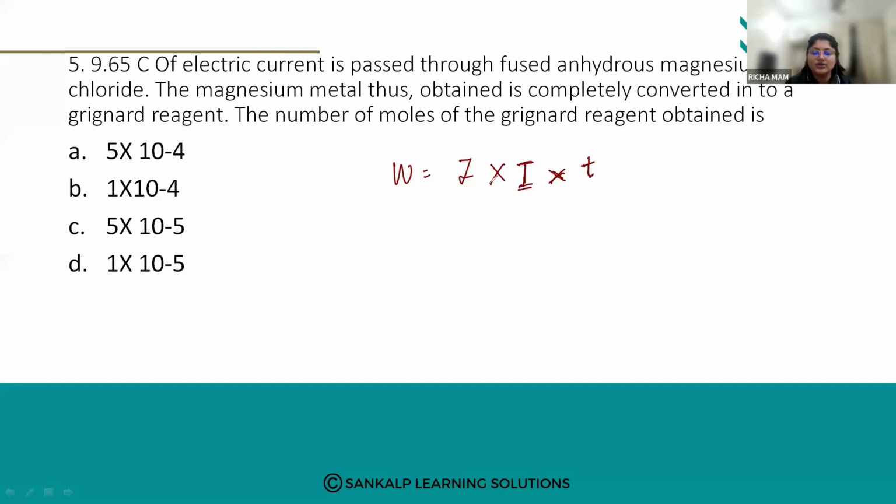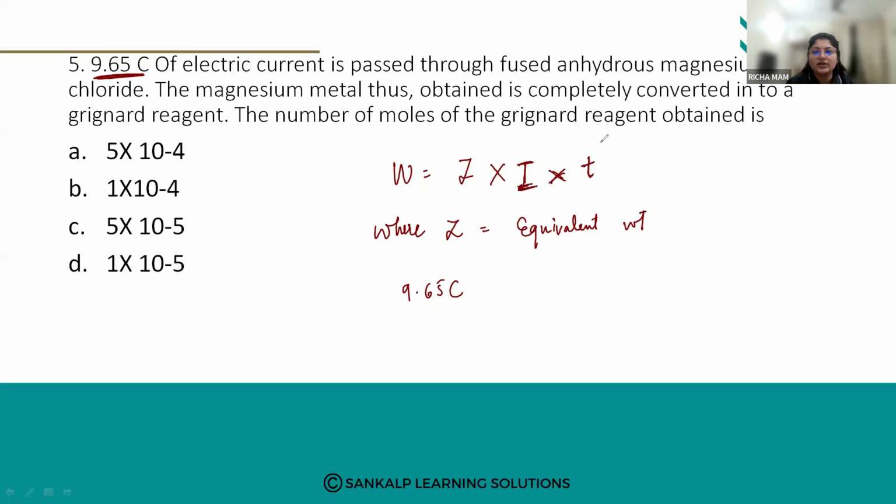How are you going to calculate the equivalent weight? So what is given here is your electric current, 9.65 coulombs.